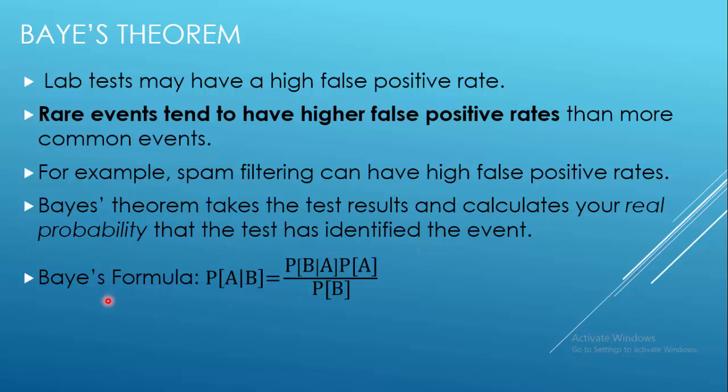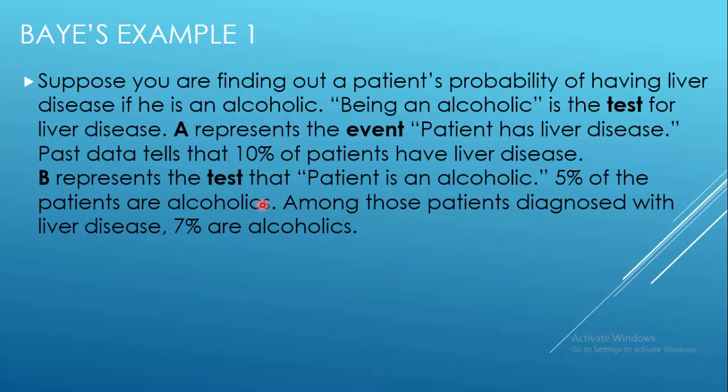So Bayes' formula is like this: probability of A given B is equal to probability of B given A multiplied by probability of A divided by probability of B. So now let's have a look at Bayes' example. It will also tell us where and how to use Bayes' theorem.